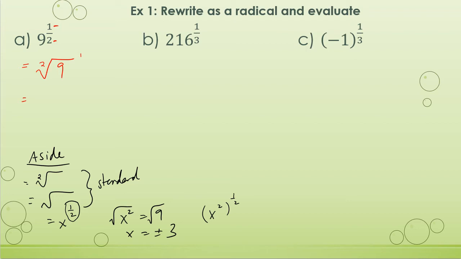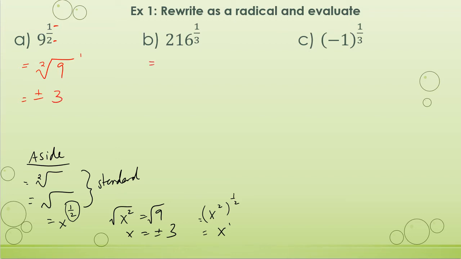And now using the power law, what's 2 times 1/2? 2 times 1/2 is 1. x to the 1, just x. So that's why, if you've ever wondered why a square root cancels something, it's the opposite of squaring something. It's 1/2, whereas squaring something is squared. So what is our answer to this? Well, plus or minus 3.